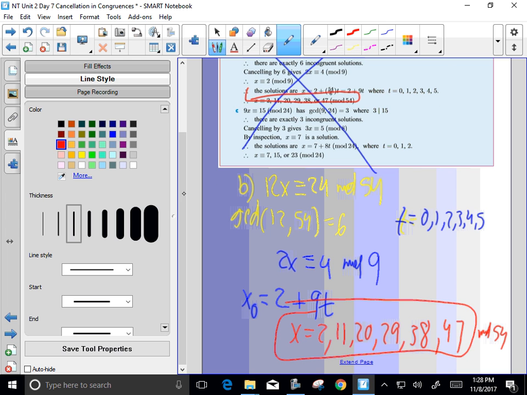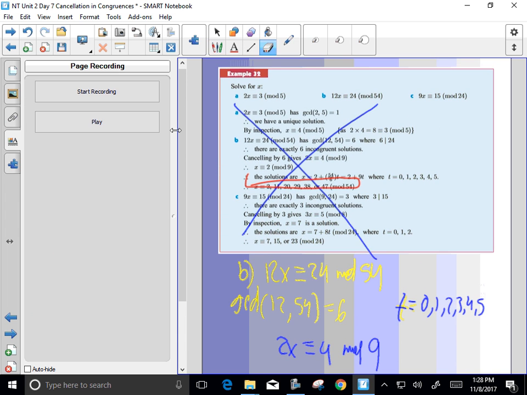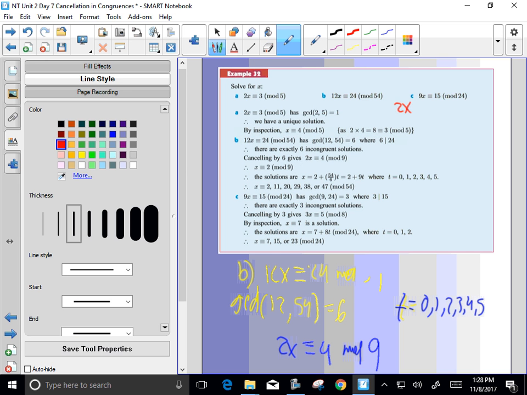All right. Now, if we go back to A, A is just 2x congruent to 3 mod 5. The reason I want to do this last is because what's the GCD of 2 and 5? 1. So what does that mean? You can't divide it down, so you're going to have 2 times what congruent to 3 mod 5. What's going to work for this one?